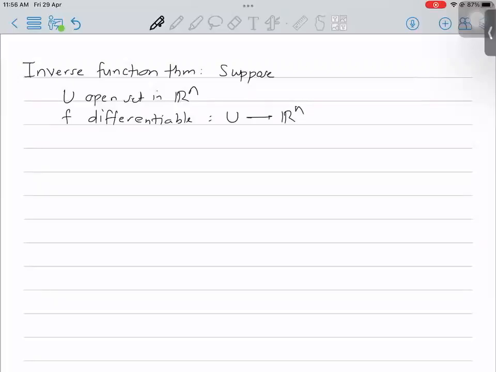Yeah, so the setting of the inverse function theorem is that I'm given a differentiable function f from an open set in R^n to R^n. And the crucial hypothesis is that f prime of a, remember, this is a linear map from R^n to itself, and let us call that capital A, is invertible.